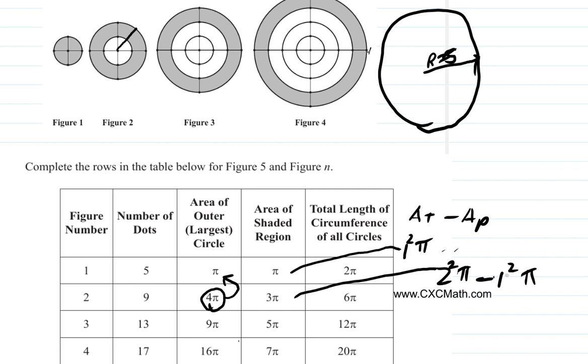Figure 2 is 2 squared pi minus 1 squared pi. What about figure 3? It would have been 9 pi, which is 3 squared pi minus the previous, which was 2 squared. Let me rewrite that. It was 2 squared pi minus 1 squared pi. See that?